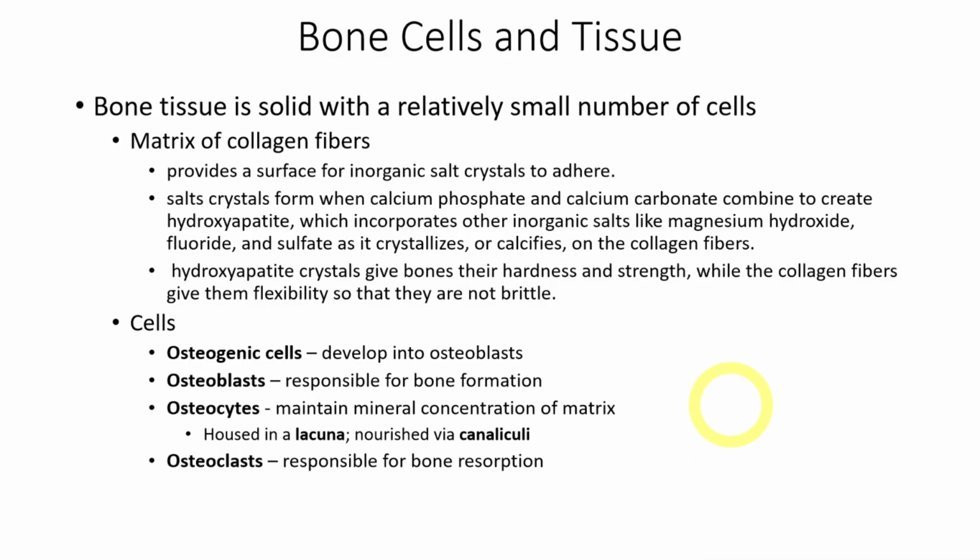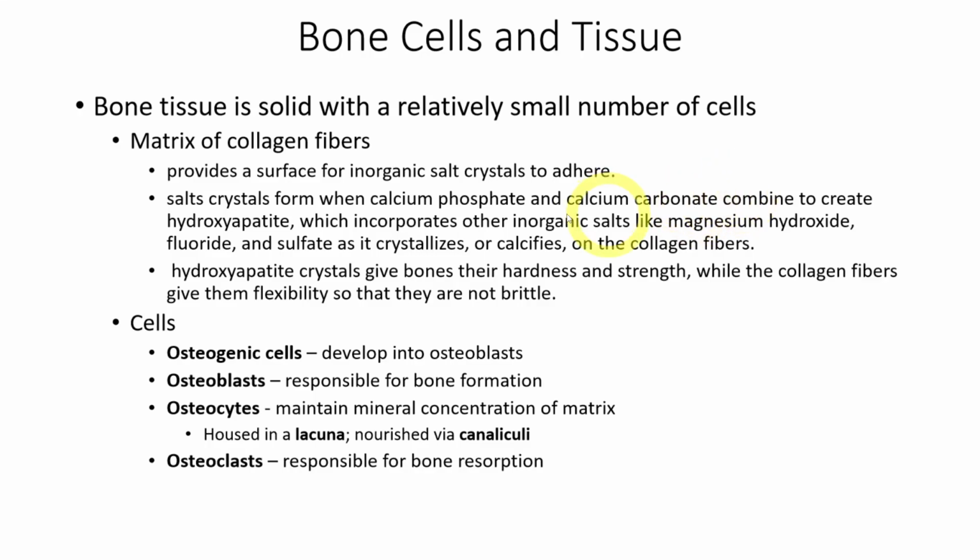So bone tissue is solid with a relatively small number of cells. It's fairly acellular. It lets its crystalline matrix do all the talking. And where there's not crystals, there's collagen fibers. The collagen fibers provide a surface for inorganic salt crystals to adhere, and the crystals are mostly calcium phosphate and calcium carbonate.